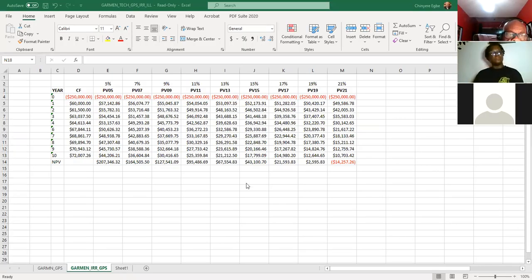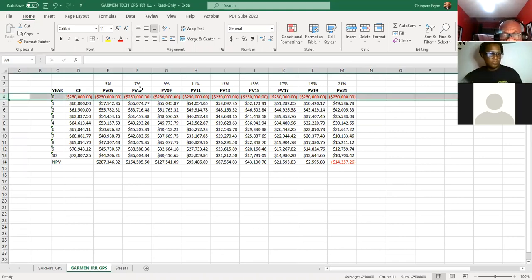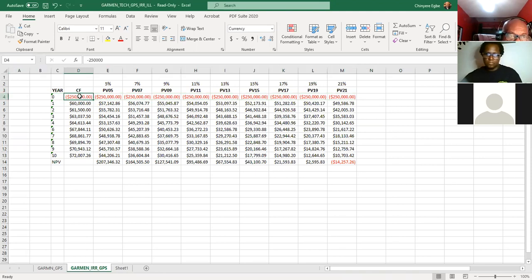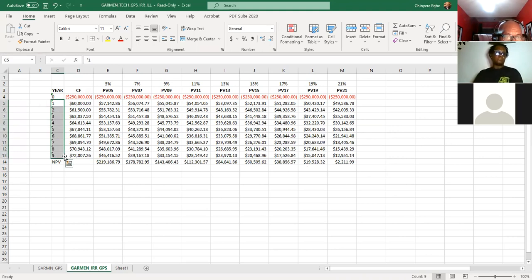Now, the same project, when you look at it, you see we had an investment of $250,000, and the investment is going to yield these cash flows. The cash flows we already know about.